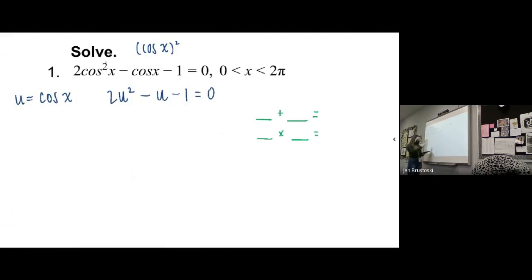If I do the negative 1 times the 2, that gives me negative 2. That's what it needs to multiply to be. And then it needs to add to be that middle number of negative 1.